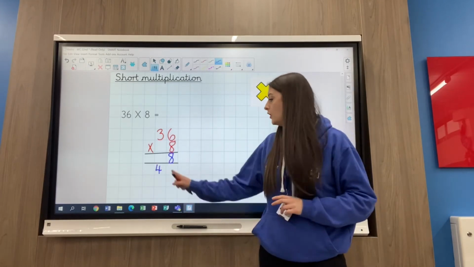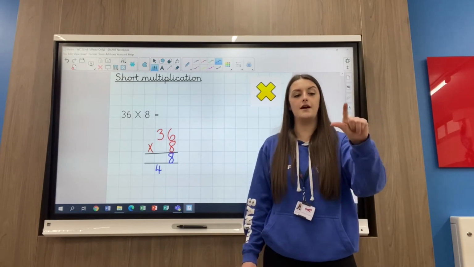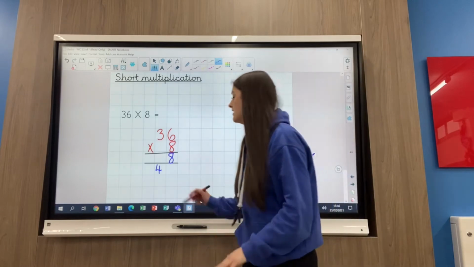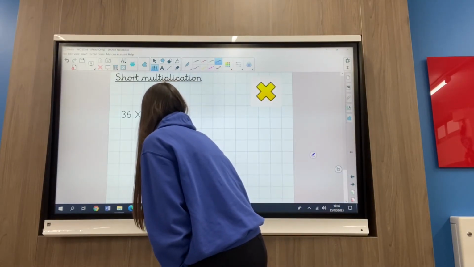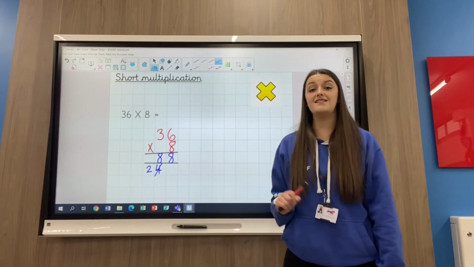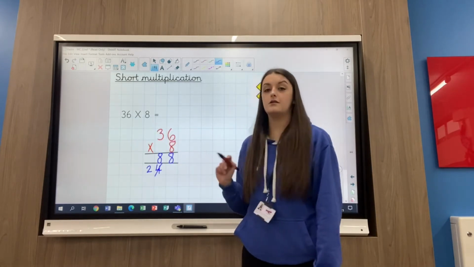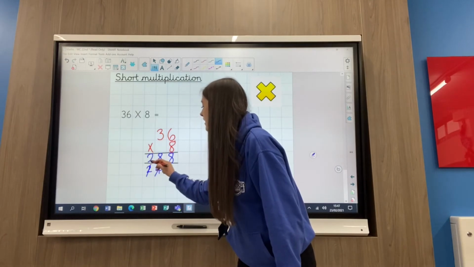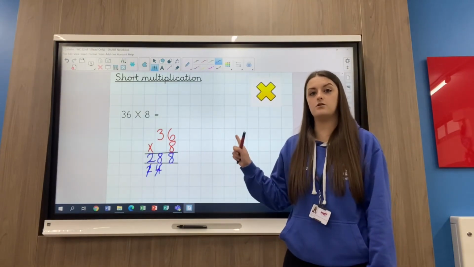So 24, add my 4, so 24, 25, 26, 27, 28. So I've added those 4 on. I'm going to leave those 8 there and carry the 200 over because 28 tens is worth 280. I've got no hundreds to multiply, so I just need to add these 200s on. So I've got 288. Did you manage to get that answer at home?